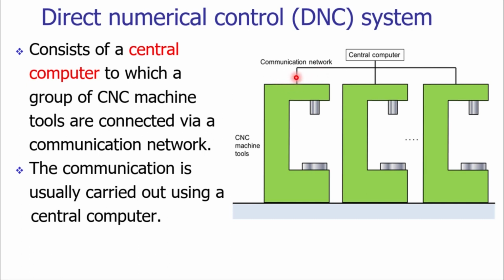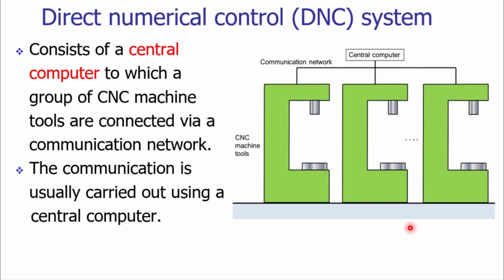We can have communication through a local area network, that is a LAN, or we can utilize Wi-Fi, that is wireless networks as well. Here the advantage is that a single computer is controlling all the operations. It is easy for us to coordinate the variety of operations carried out in a machine cell.